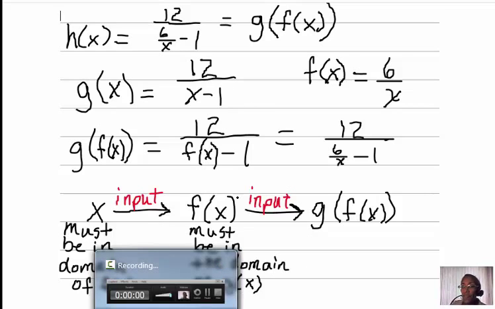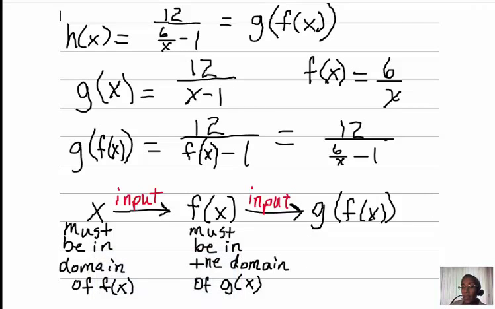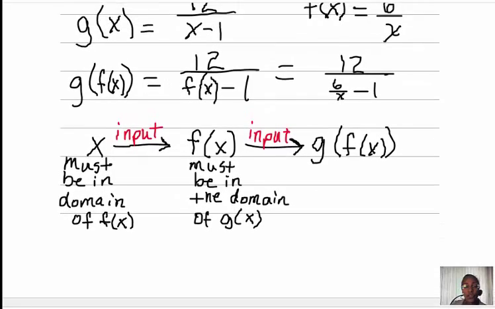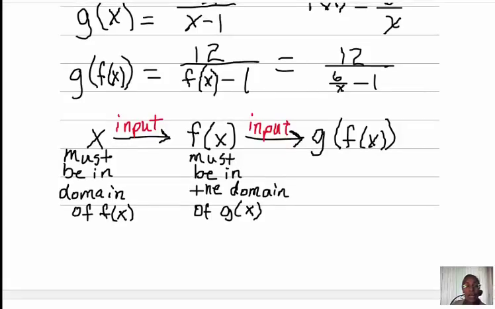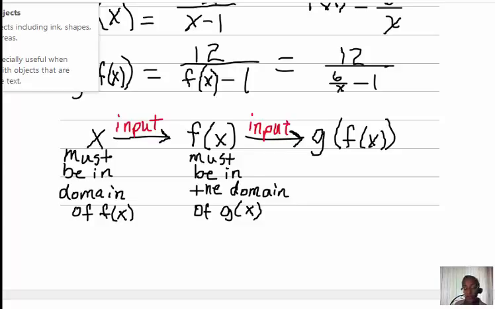So how do we find these two functions' domains? Those are the two pieces of information that I have to keep in mind. x is going to go into f, and whatever f of x is, that's going to go into g.